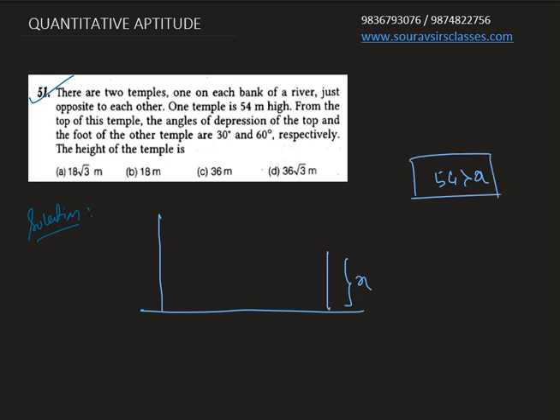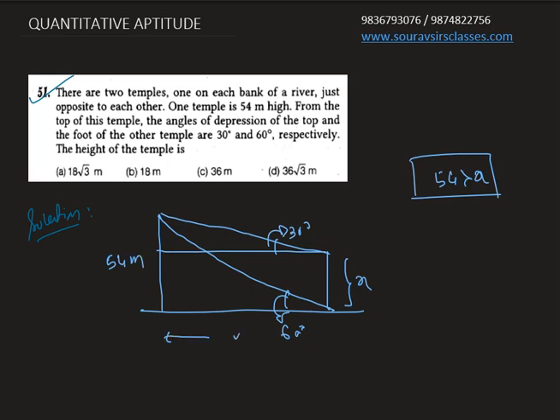Now the angle of depression of the top of the other temple is 30°, and of the foot is 60°. Okay, we do not know the distance between these two temples, so let this be y.